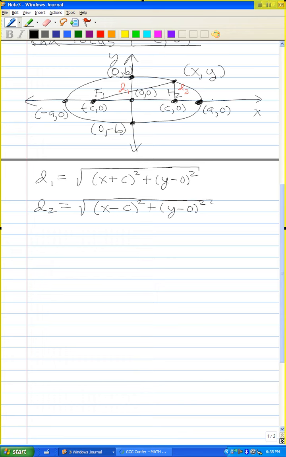Okay, and so the distance here is just going to be, from this focus F1 to the point (a, 0), and to the point (0, b). Well, that's going to be c plus another a.